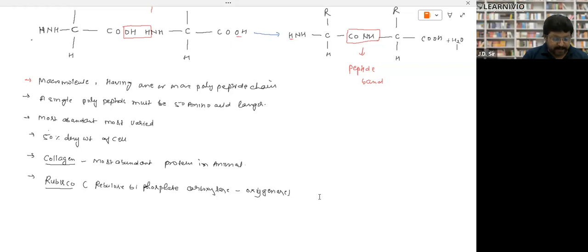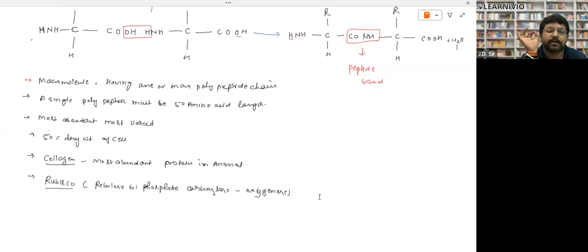The term polypeptide is often used interchangeably for protein.